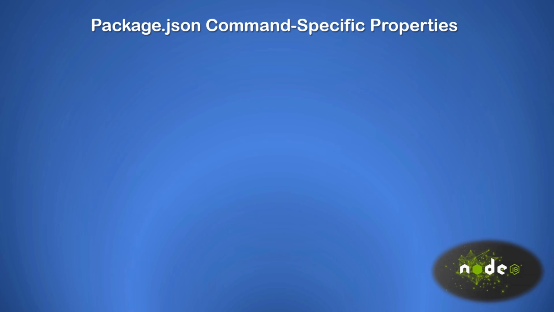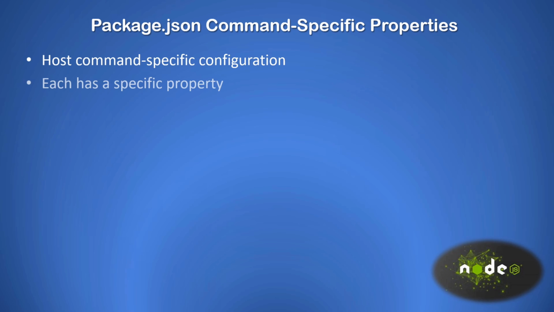Next, let's see what the command specific properties in package.json are. The package.json file can host command specific configurations, for example for Babel or ESLint. Each has its own specific properties. For example, for ESLint we have eslintConfig, and for Babel we have babel, and so on.